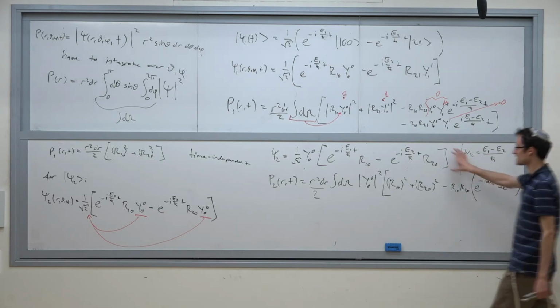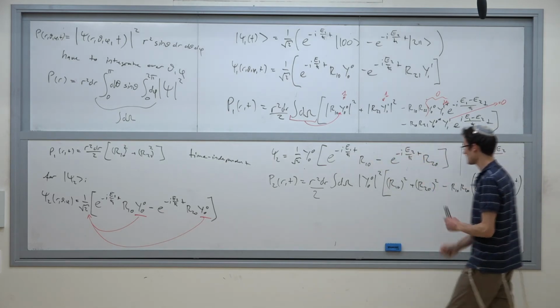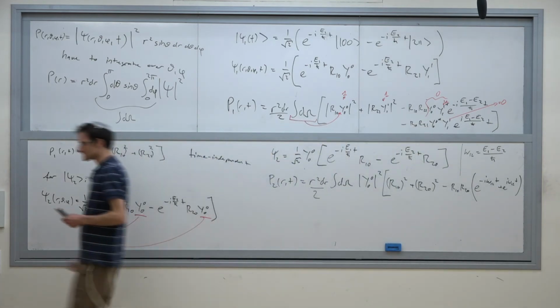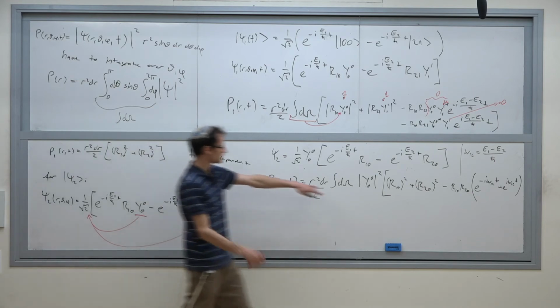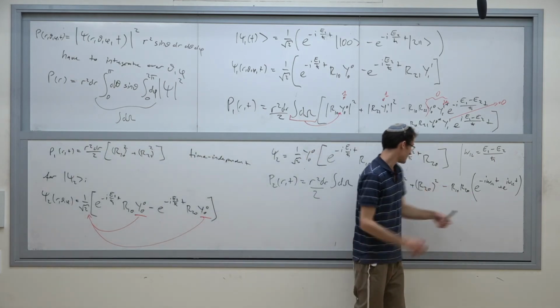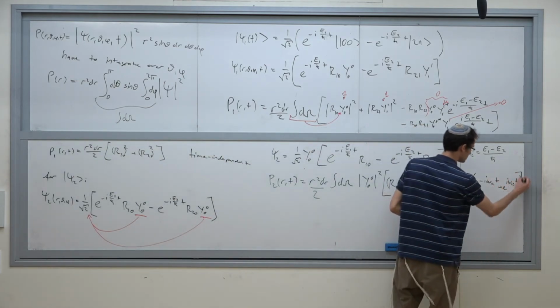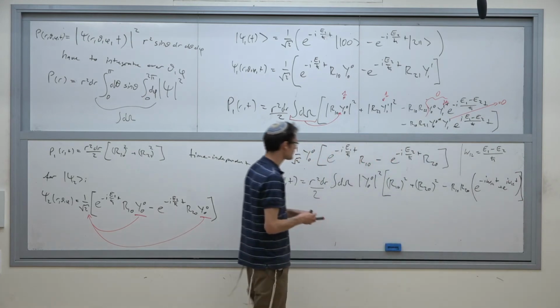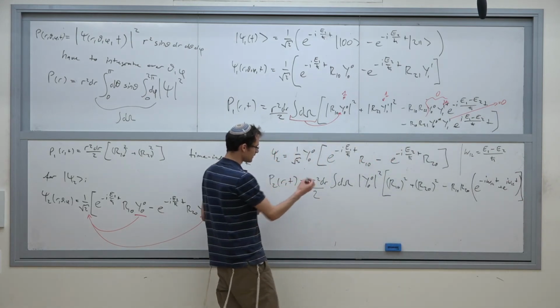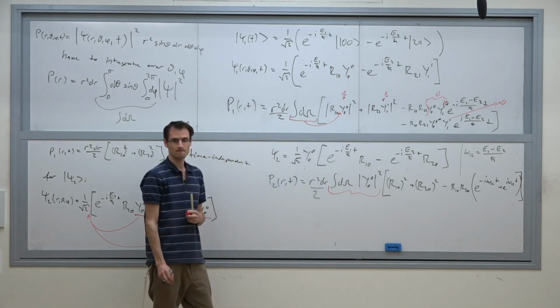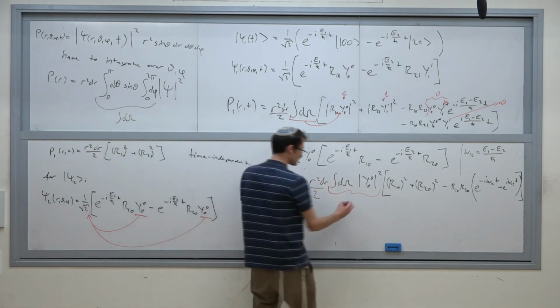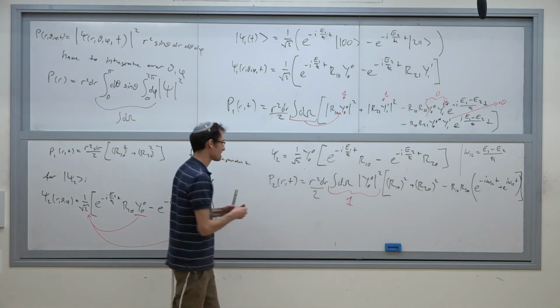Okay, so just multiply this by its complex conjugate. Now, this entire bracket that appears here depends on the radial coordinate, depends on r, but not on the angles. So the integral d omega is only on this part. And since it's a spherical harmonic squared, it's obviously just equal to 1.